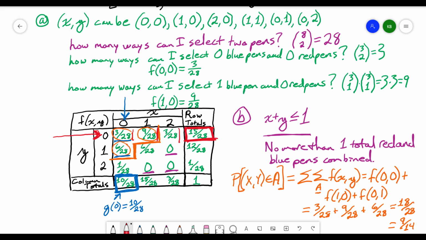So this is my marginal distribution h(0), where my y value was fixed at 0, which will give me 15/28, which was that row total.